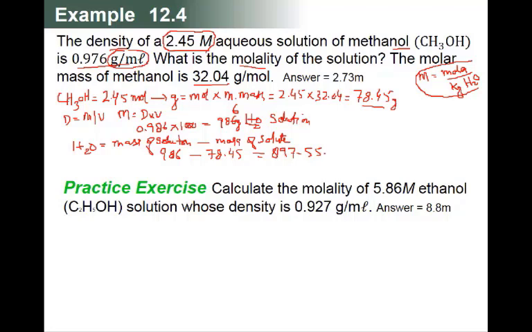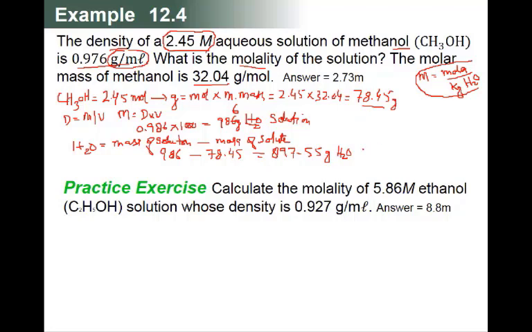This is gram of water. It's a little bit complicated calculation, but we have to understand: calculate the total mass through the density, and the total mass minus the mass of the solute, that is methanol. We calculated here 78.45. So you make the minus, so total grams will come.